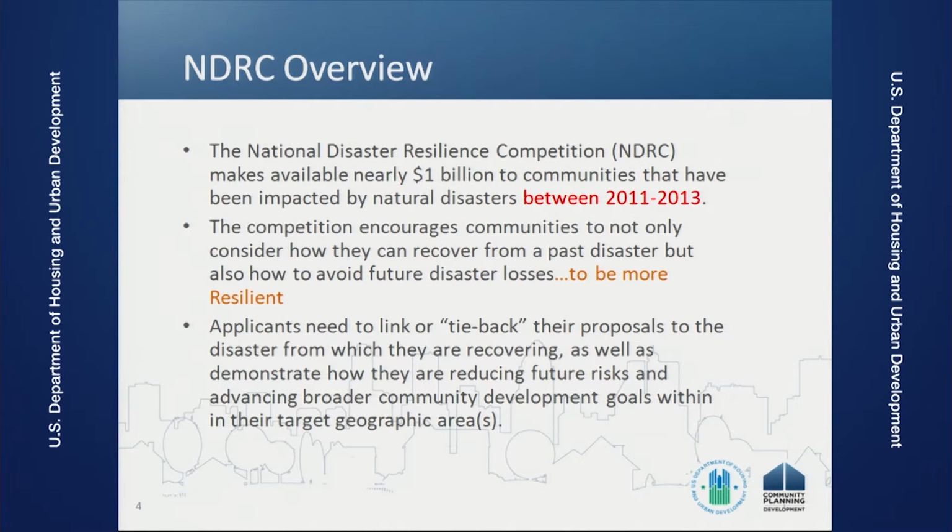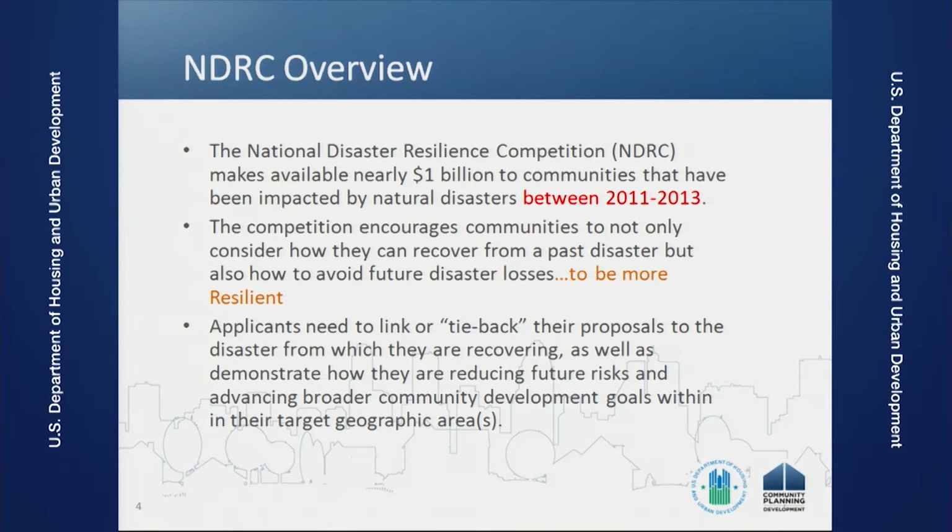The National Disaster Recovery Competition makes available nearly $1 billion to communities that have been impacted by natural disasters between 2011 and 2013. The competition encourages communities to not only consider how they can recover from the past disaster, but also how to avoid future disaster losses.